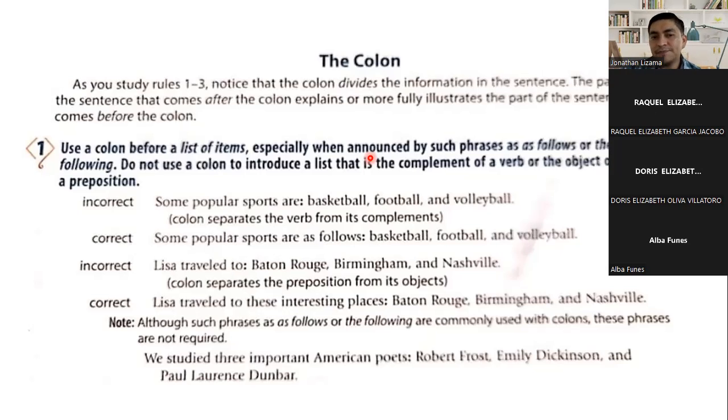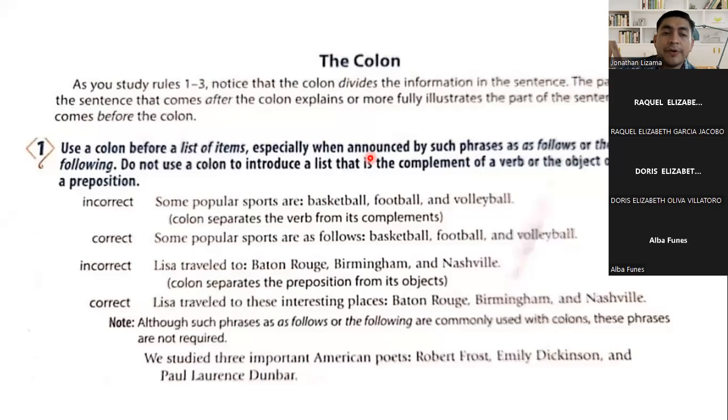No se puede hacer eso. Dos puntos. No. La forma correcta sería, some popular sports are as follows, or are the following. ¿Entendieron? Siempre le van a agregar as follows or the following si utilizan frases. Ahora sí pueden enlistar basketball, football, and volleyball.